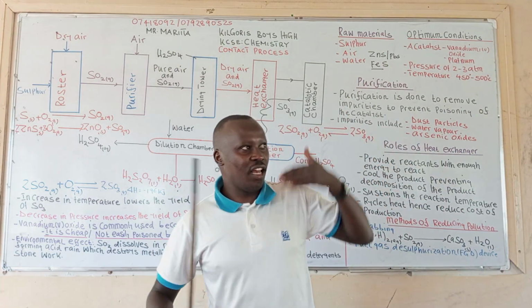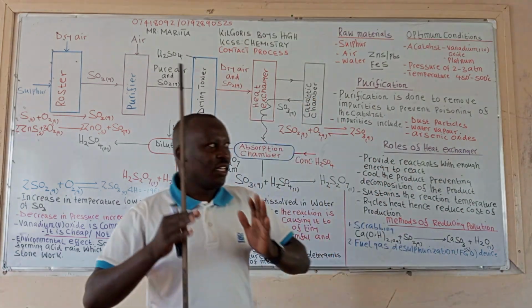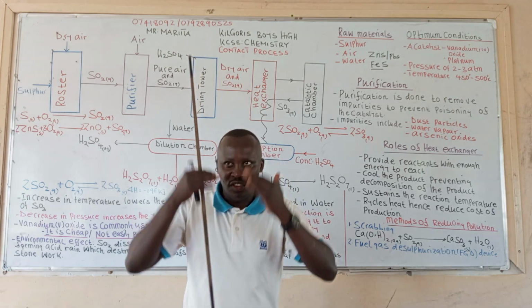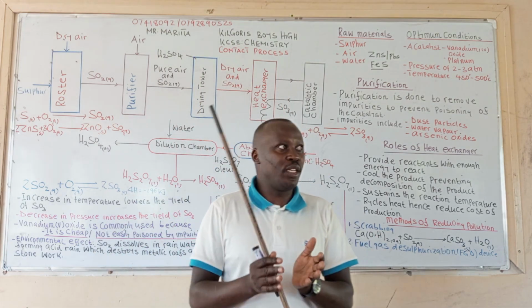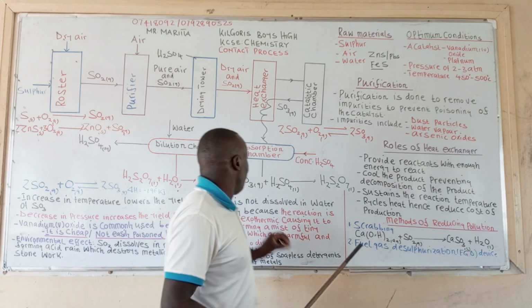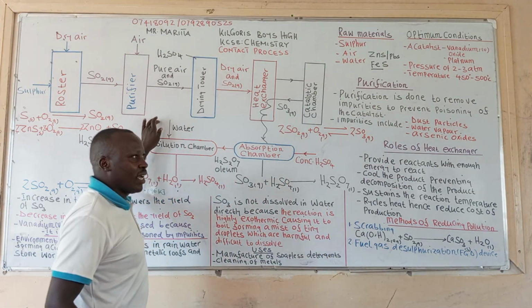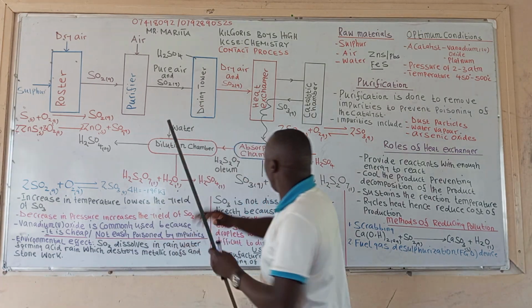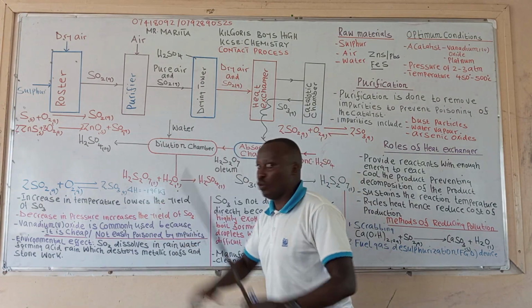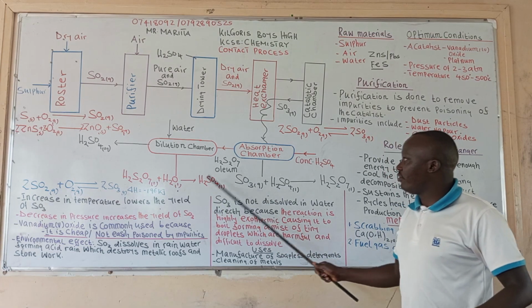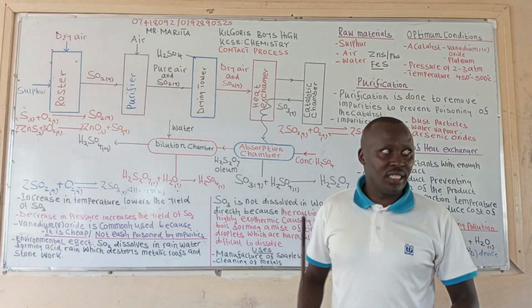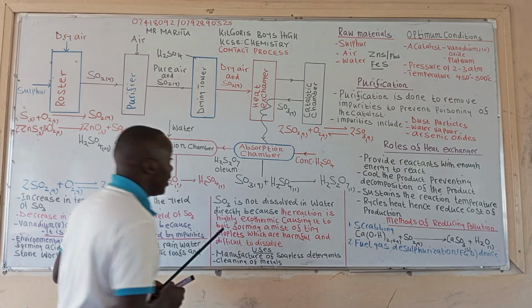You just first say that the sulfur 6 oxide is dissolved in concentrated sulfuric acid to be converted to oleum. Oleum is now taken into the dilution chamber. In the dilution chamber, the oleum is diluted with water, and then we have the dilute sulfuric acid being produced here at this side.